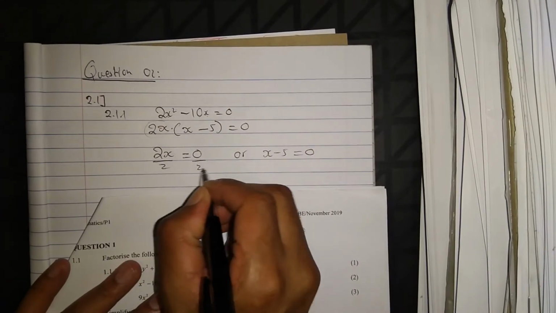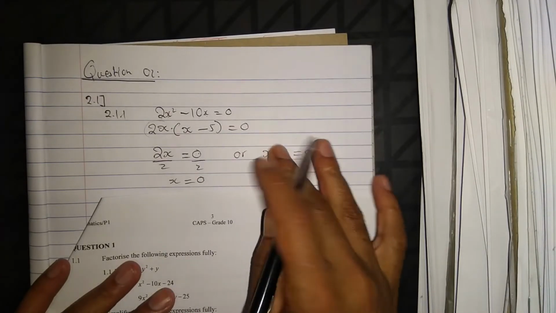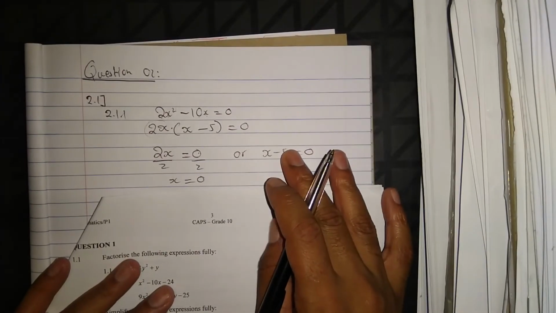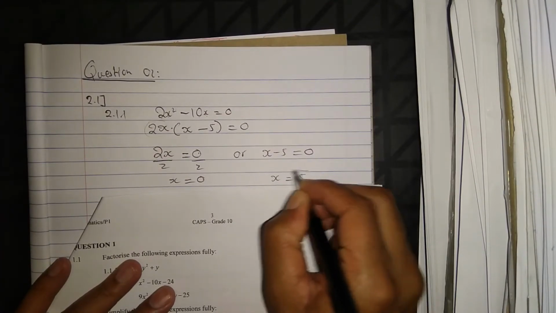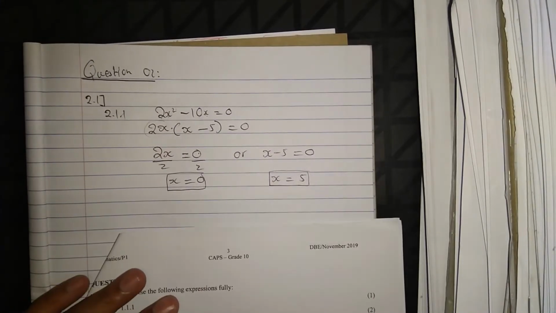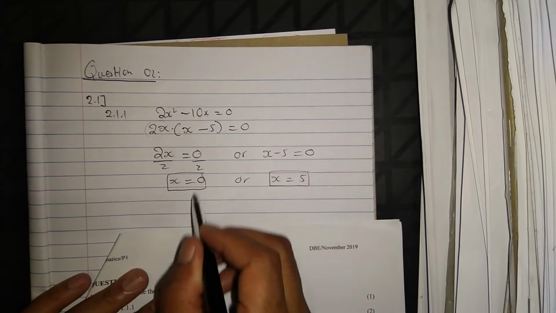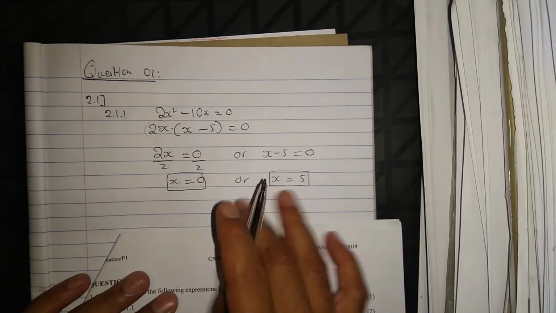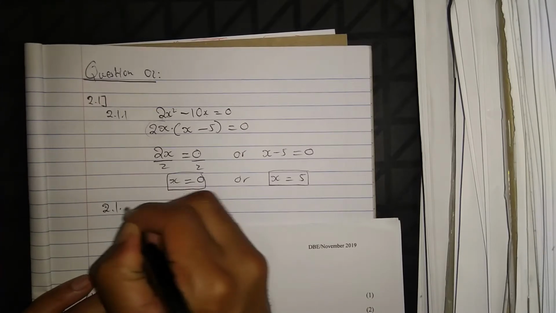Dividing both sides by 2 here, our x is equal to 0, because 0 divided by 2 is 0. x equal to positive 5 is our second solution. So therefore x equal to 0 or x equal to 5 for the first equation.